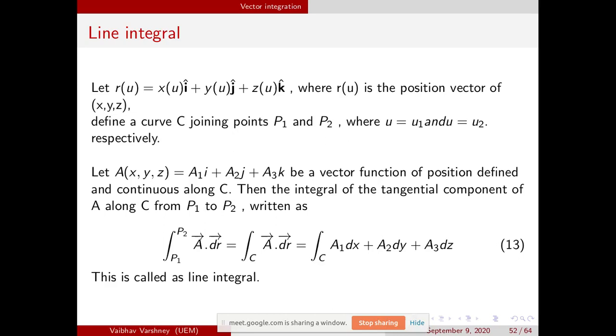Then make any curve which is joining from P1 to P2, any curve, either straight line or zigzag, whatever you want. That curve is C. So integrating from P1 to P2 basically means we are integrating through the curve C. That's why from P1 to P2 we can write it as C. Now clear?